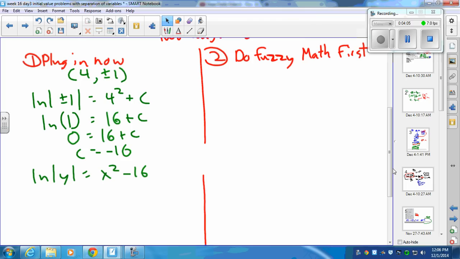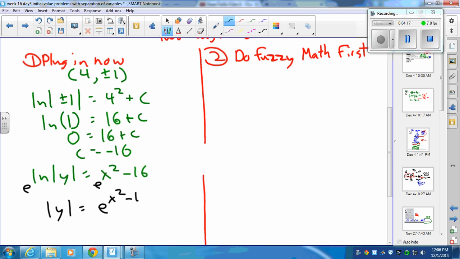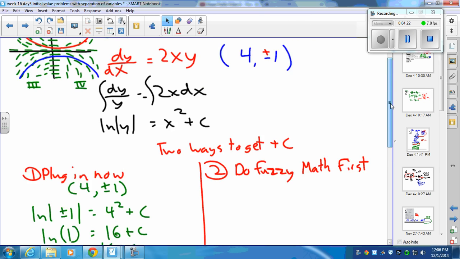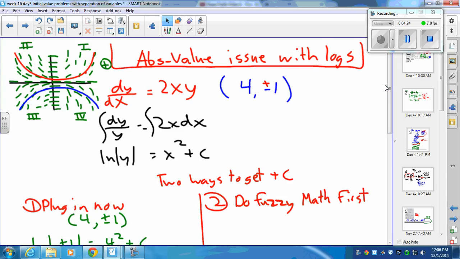Now, you have not solved for this guy yet. So you would technically still want to get y equals. So you would e both sides, and you would get the absolute value of y is e to the x squared minus 16. But depending on if you took the positive version or the negative version, you're going to have the plus or minus.